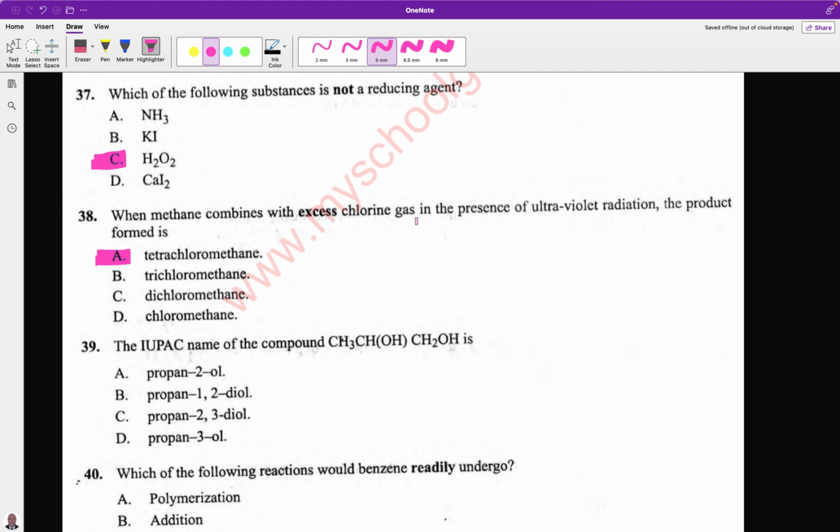39. The IUPAC name of the compound CH3CHOHCH2OH.